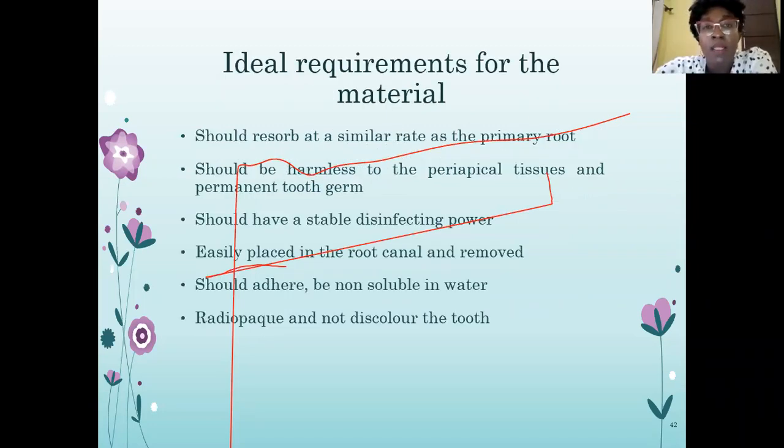So what are the ideal requirements for materials used to obturate deciduous teeth? They should resorb at a similar rate. They should be harmless to the periapical tissues and the permanent tooth germ, have a stable disinfecting power, easily placed in a root canal and then removed, should adhere or be non-soluble in water, radiopaque, and should not discolor the tooth.